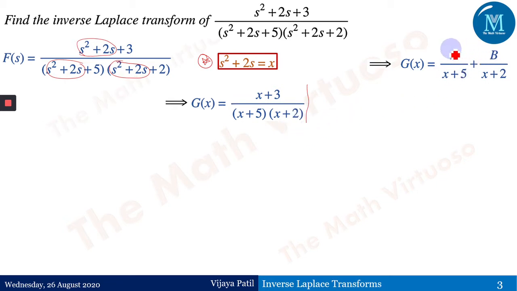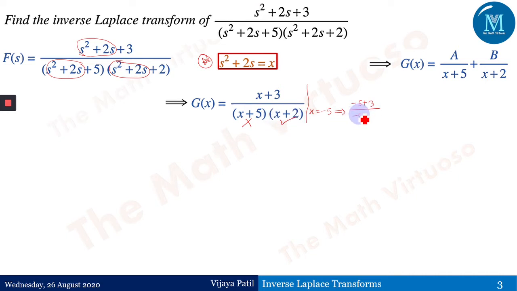Now, if I want to find out this capital A by the hiding method, x would be replaced by minus 5, because of x plus 5, which would give me minus 5 plus 3. This x equals minus 5 cannot be put in the other factor, because it will go to 0 and the entire g of x will go to infinity, so we put it in only this part.